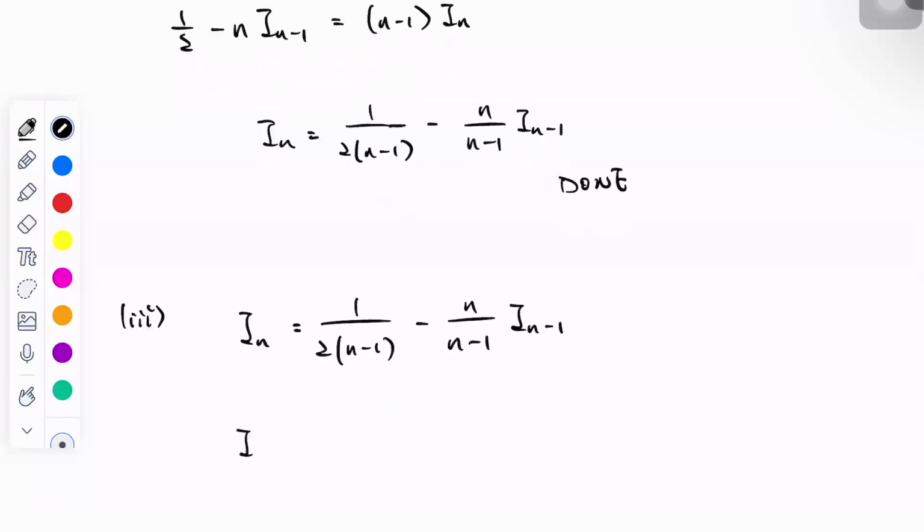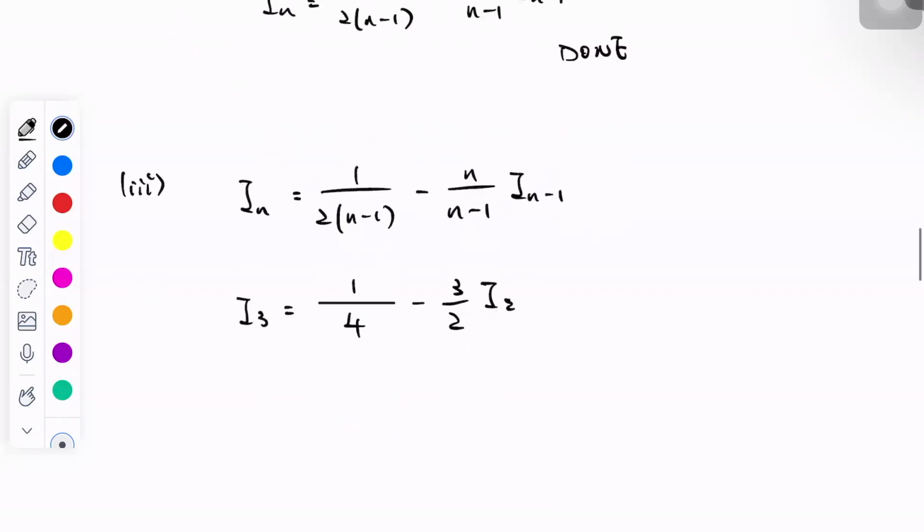So if I want to find I3, basically I need to find 1 over, 3 minus 1 is 2, so 2 times 2 is just 4. And then minus 3 over 2 I2. So if I need to find I2, I need to find 1 over 2, and then minus 2 over 1, so it means 2 I1.